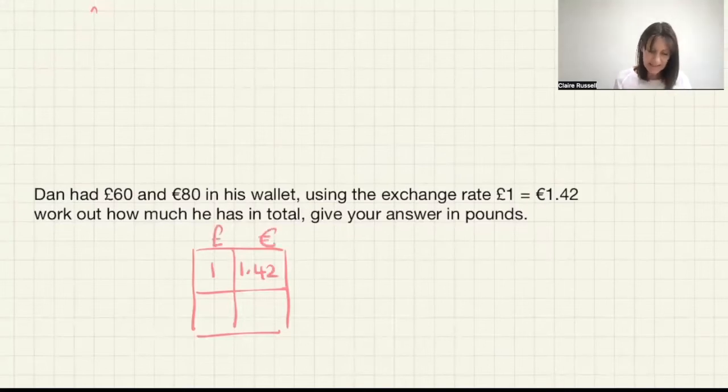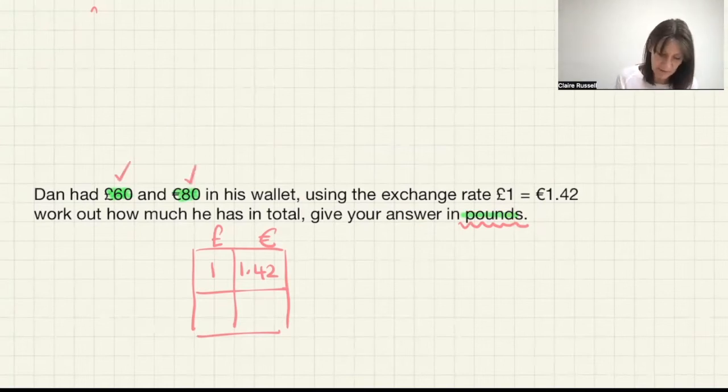So Dan had £60 and 80 euros in his wallet, and we have to work out how much he has in total in pounds. So that's the important thing, because really we've got two pieces of information. We've got £60 and 80 euros, but because we want to answer in pounds, technically we don't have to do anything with that. Just make sure that we include it at the end.